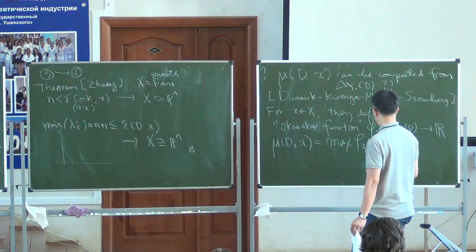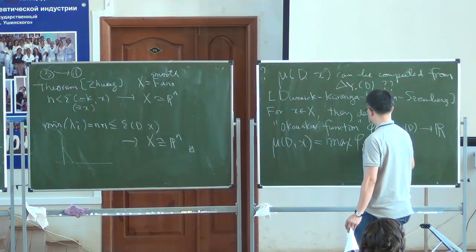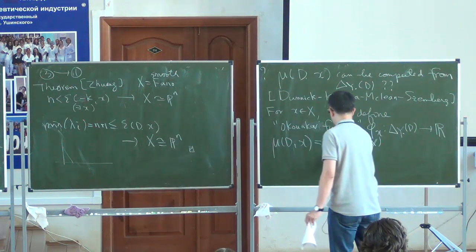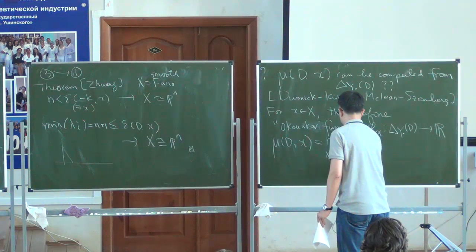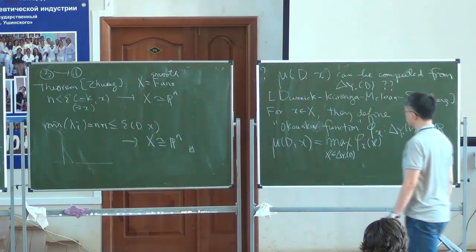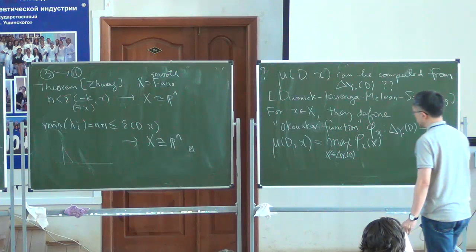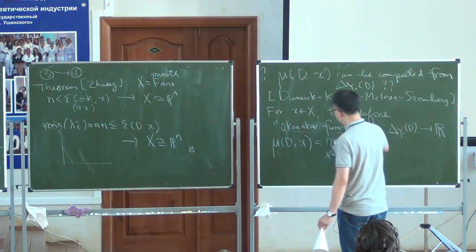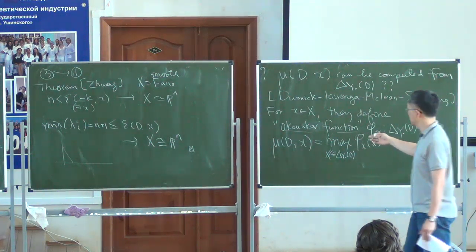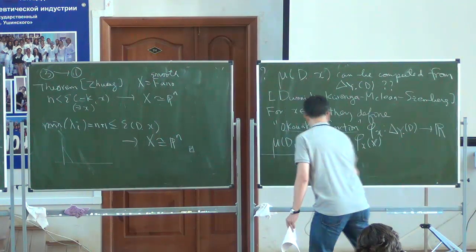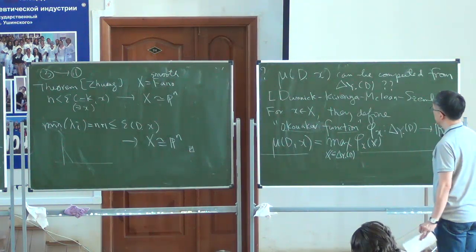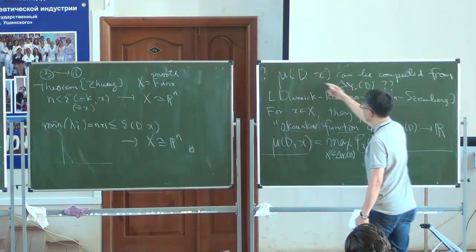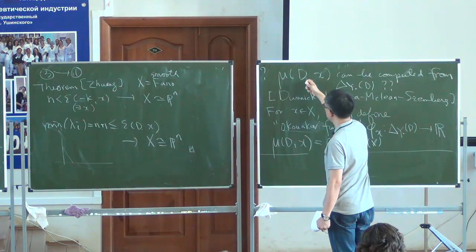Maximum of... how do you write X? Okay. So to define the Okounkov function, you need many steps. So I cannot define this today, but this is how you can recover this Nakayama-Fujita type constant.